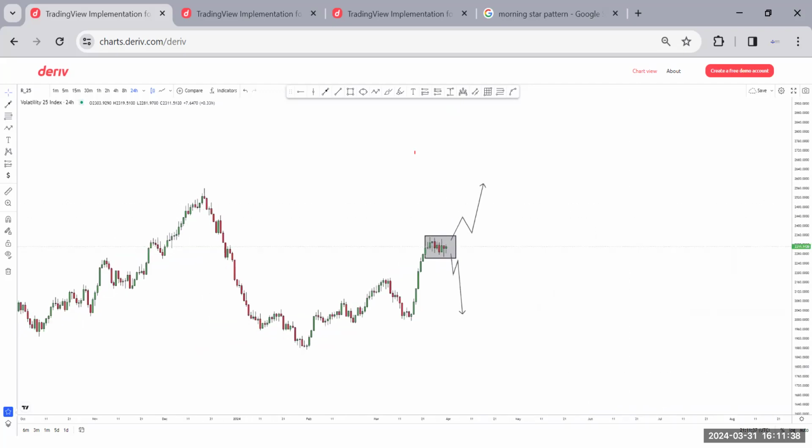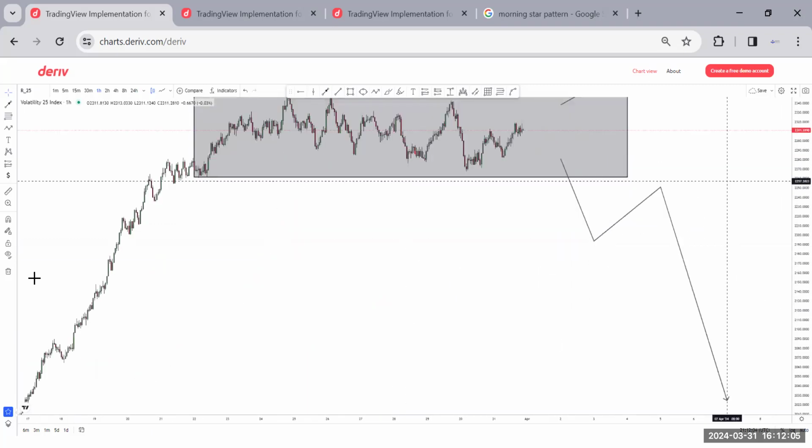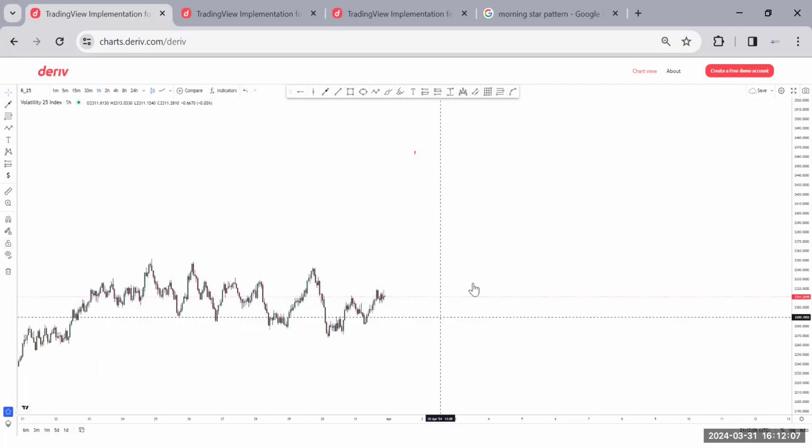So let me see if I can take this screenshot also and send to the page. So that has been Vistan 25. Now, not a clear direction.